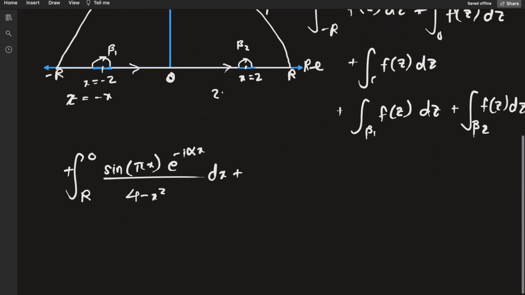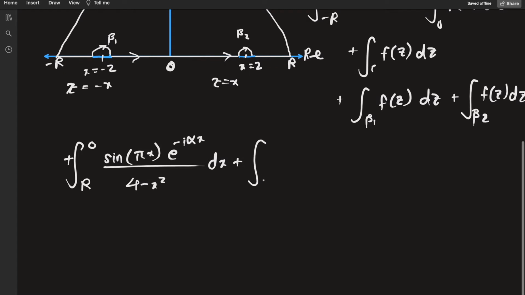And on this patch, z is equal to x, so nothing changes.